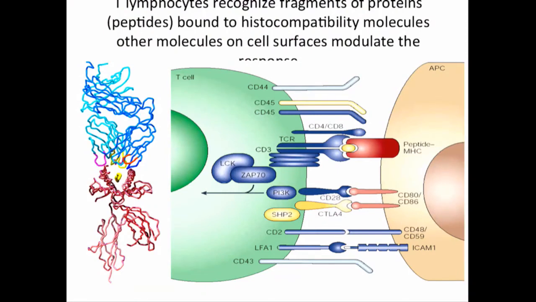Now, let me throw another complication at you. That's the story for antibodies, and it's also the story for T cell receptor genes. But T cells are a little trickier than antibodies in the sense that they're actually recognizing peptides. You just heard about poisonous peptides. These are just regular peptides that have been degraded out of whole proteins.